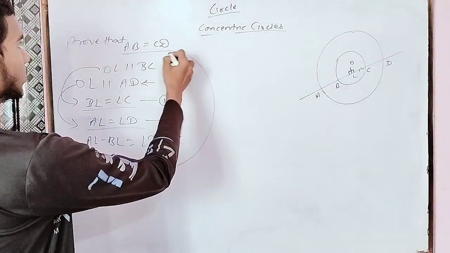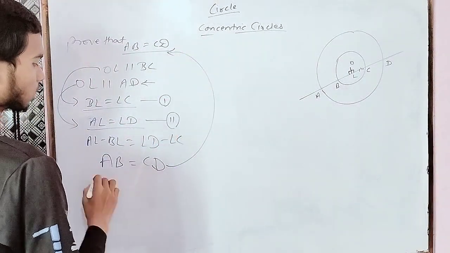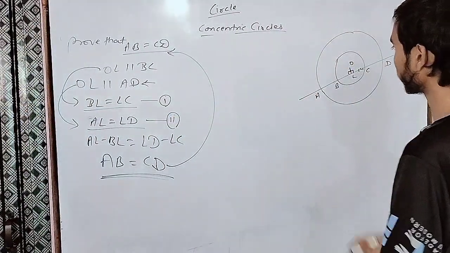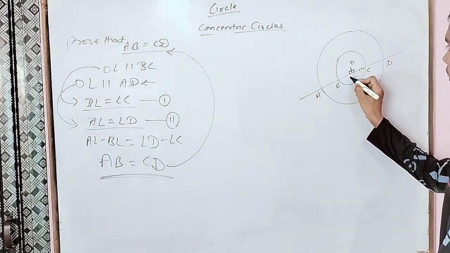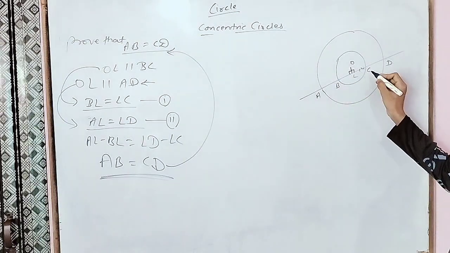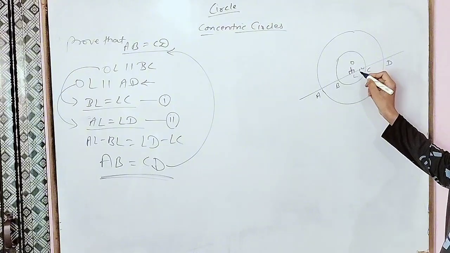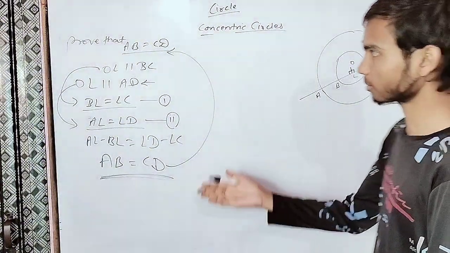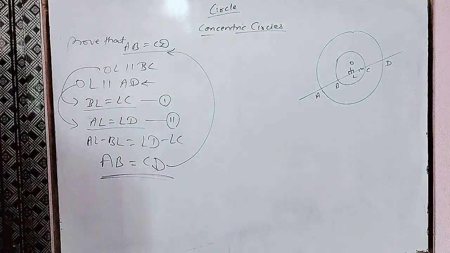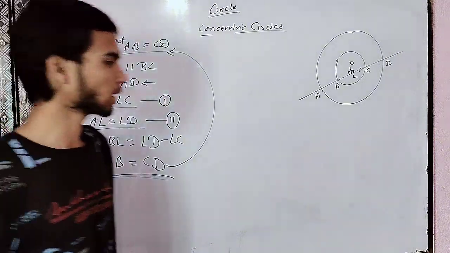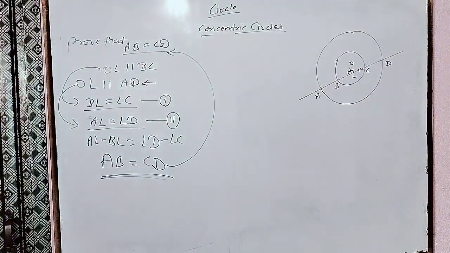You can see we have proved it. How? We subtracted BL from AL and got the line AB. We subtracted LC from LD and then got CD. Just have a look, then I will move on. Next question.